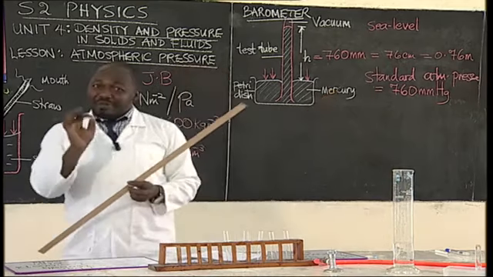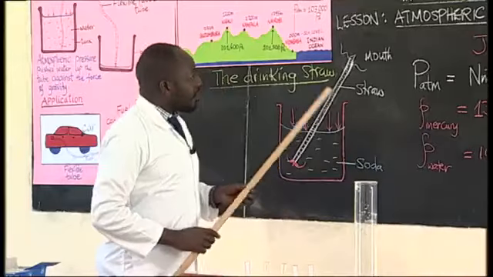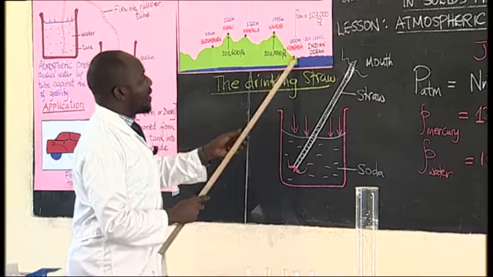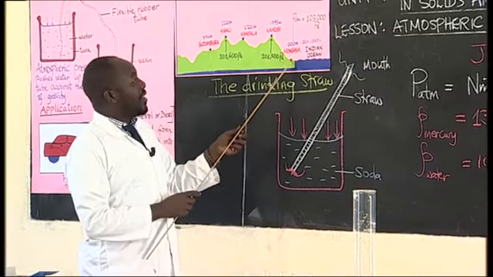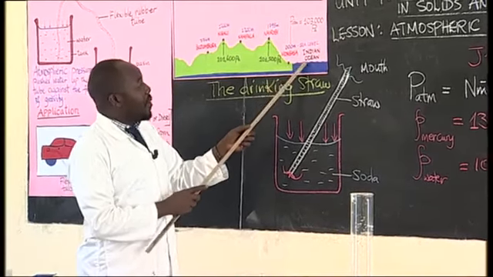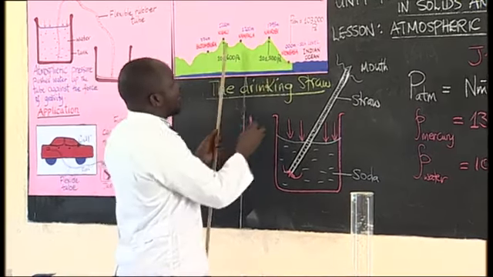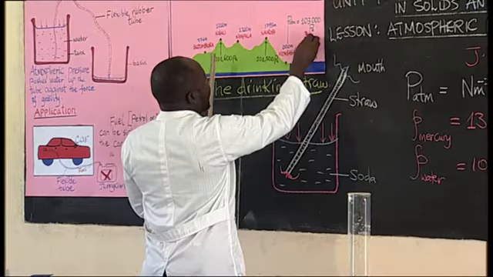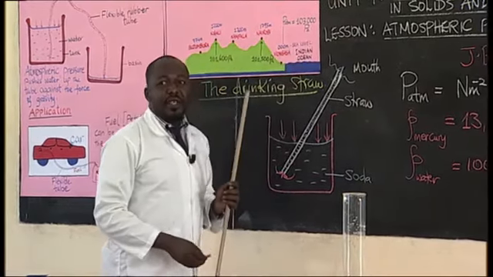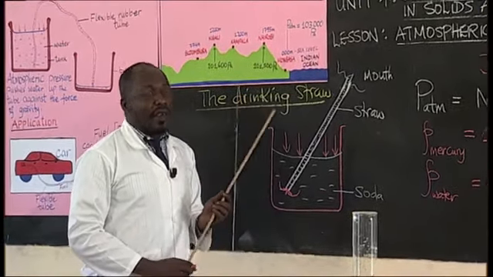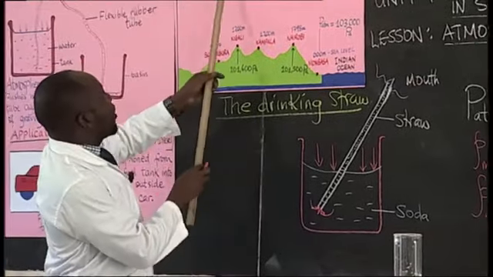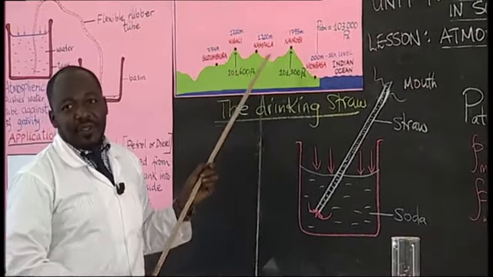So you need to get that point. And so if we do the experiment, again you focus on this wonderful diagram. If we do our experiment at sea level, it means the standard atmospheric pressure is going to be 760 millimeters of mercury.